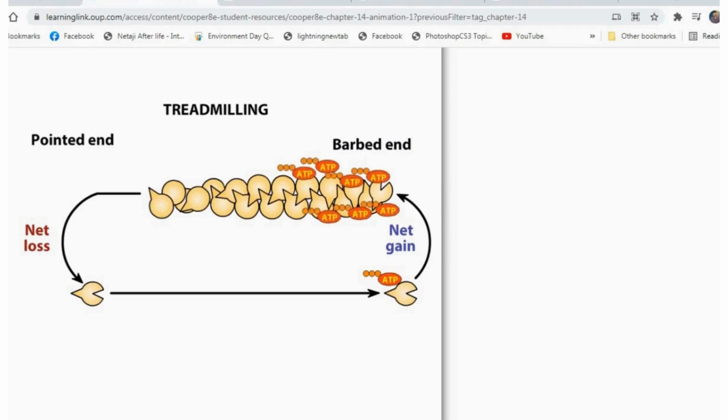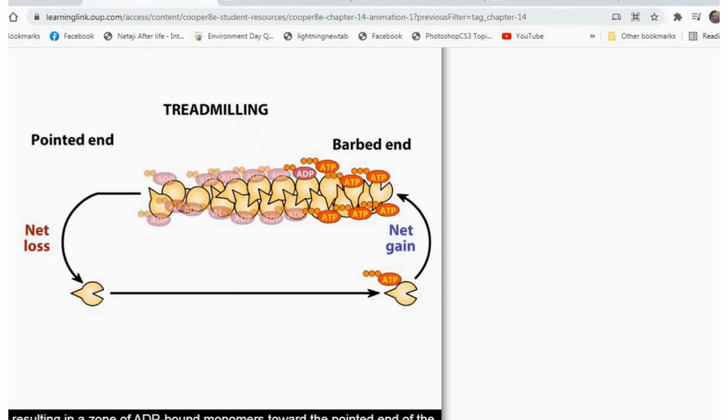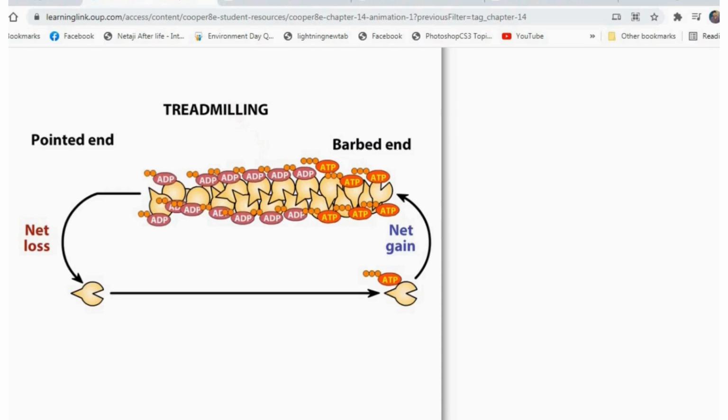However, soon after polymerization, ATP is hydrolyzed to ADP. Look, it gets hydrolyzed to ADP, resulting in a zone of ADP bound monomers towards the pointed end of the filament.